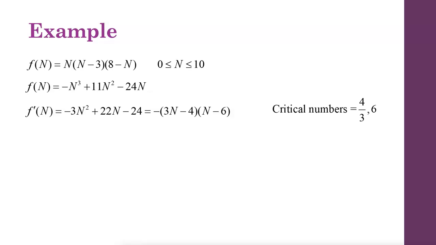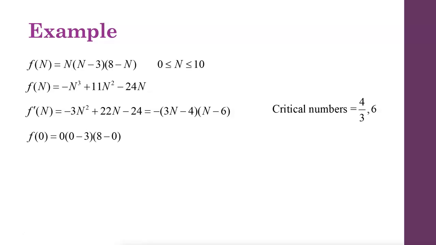So I have two critical numbers, 4/3 and 6. Now, if you recall, the next thing we need to do is evaluate our function at 4/3, 6, and at the endpoints, 0 and 10. So there are 4 potential places where I could have an absolute max or min.